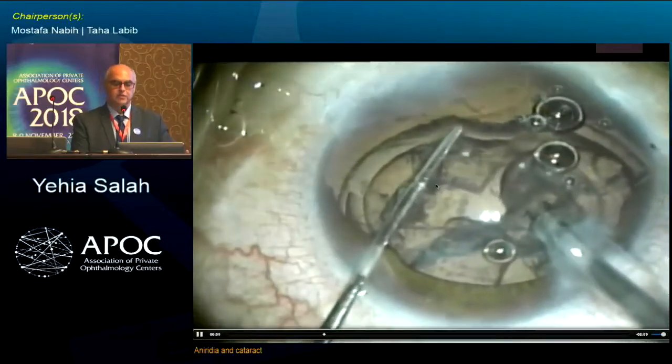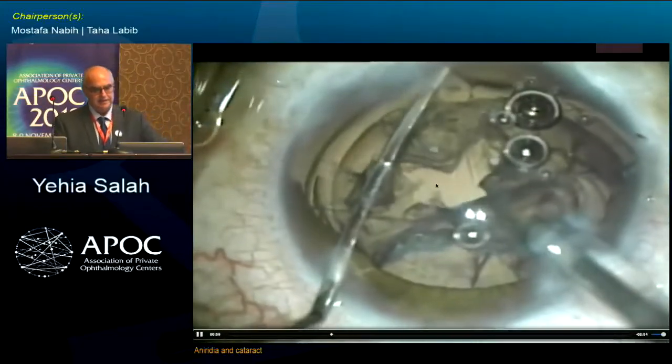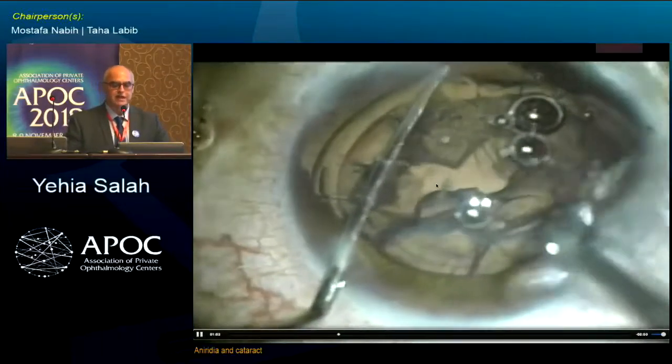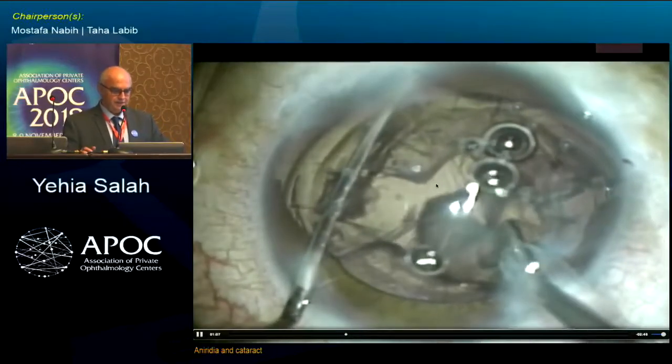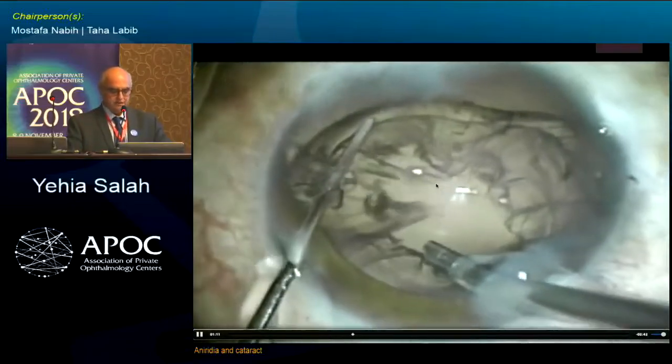Here I'm using the iris repositor to fix the capsule in place and to stretch it while I'm using the phacoemulsification. Here is used an excellent, efficient irrigation aspiration machine, so it decreases the time of manipulation.